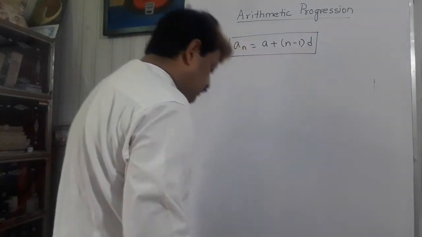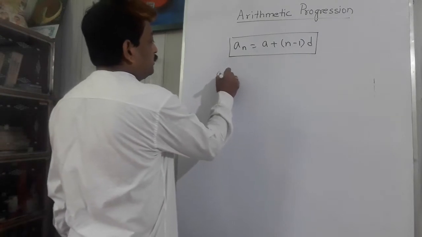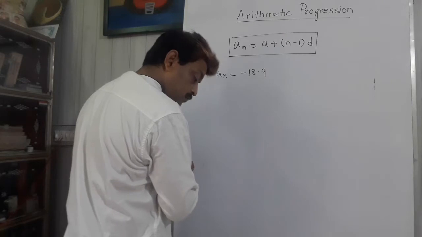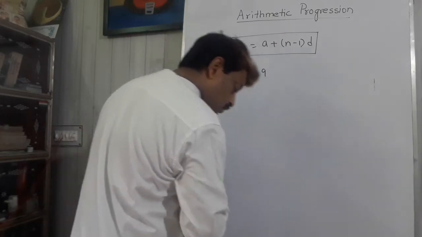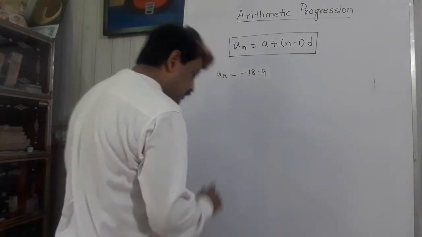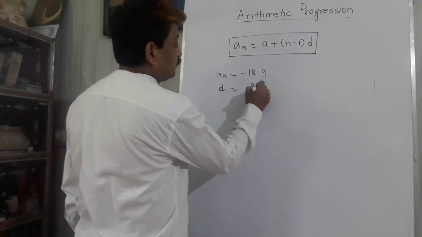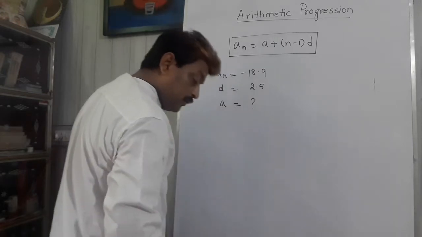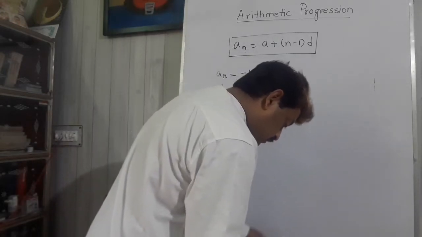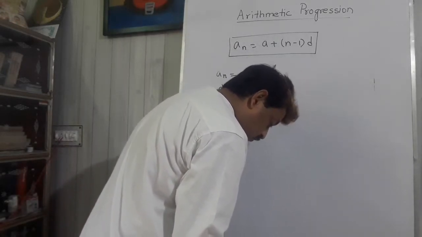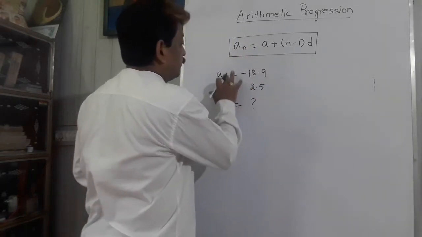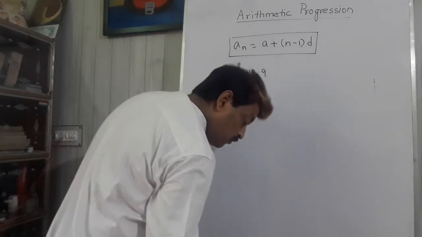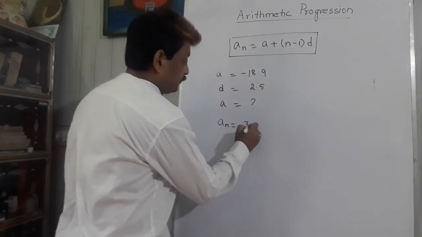A question is given: a is minus 18.9, d is 2.5, n is not given, we have to find it, and an is given as 3.6.